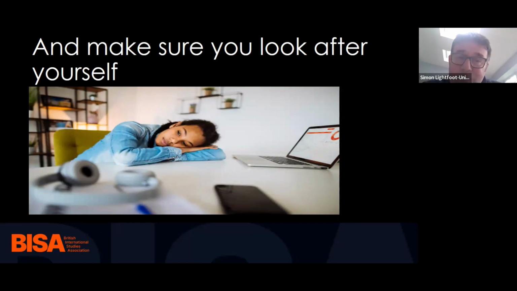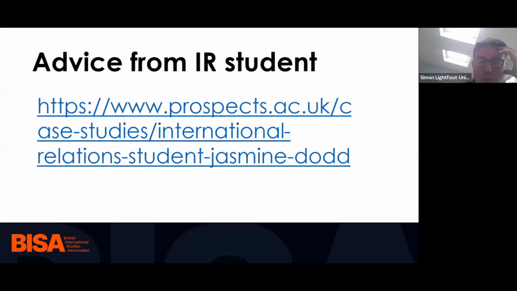But the important thing is to look after yourself, make sure that you take breaks, make sure that you are able to comfortably handle the workload. And if there are some challenges arising, please make sure that you seek the support that's there. So a bit of a whistle stop tour.